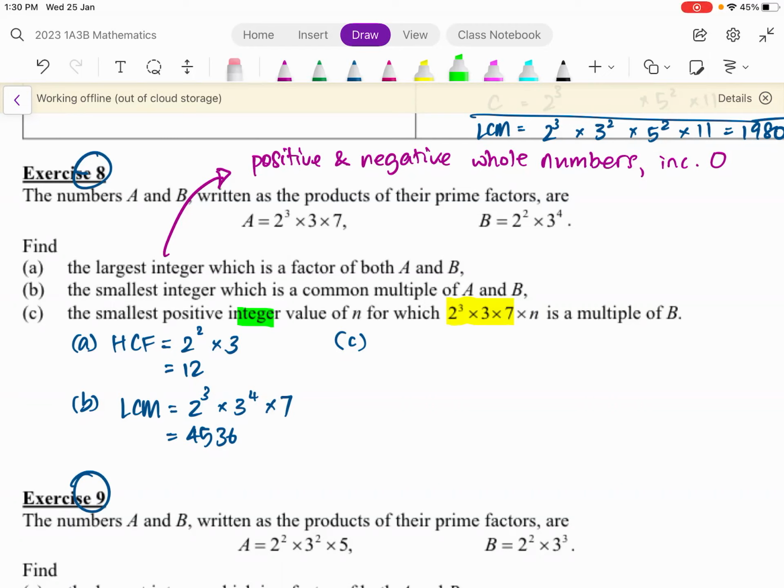Do you agree? For example, I'm thinking of a number. Okay, let me whisper it to you. The number I'm thinking of is 13. This number times 3, wouldn't that be a multiple of the number I was thinking about? Because 39 is a multiple of 13, isn't it? Let's say the number is 5. 5 times any integer. Let's say 4.